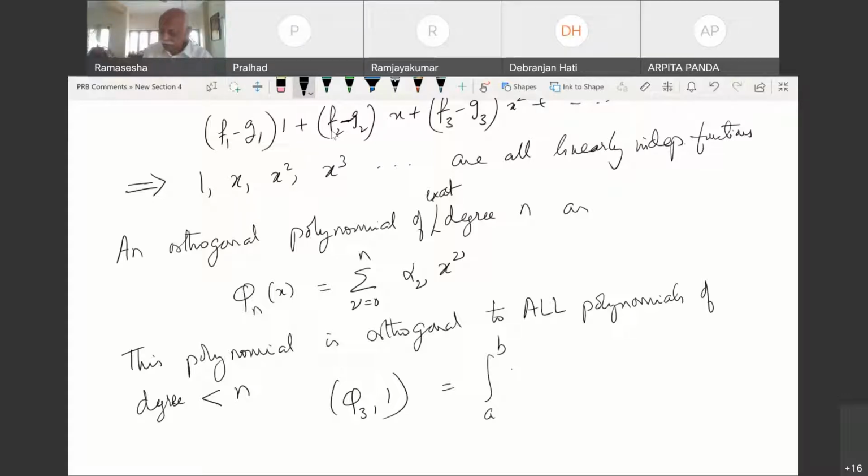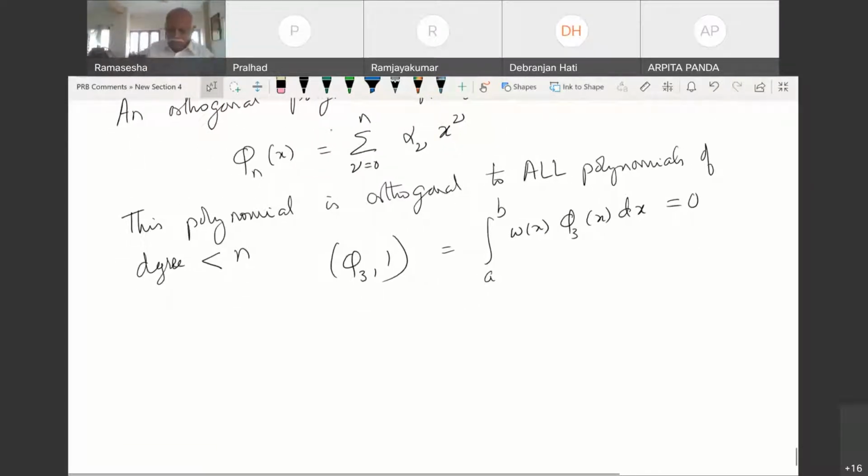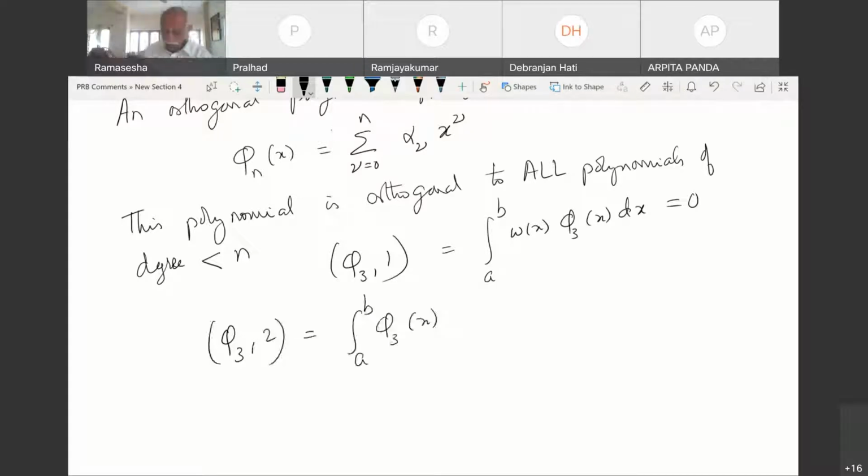This is equal to 0. Similarly, I have p3 with x, the integral from a to b of w p3 of x times a polynomial of degree 2 or degree 1, because degree 0 is what I've called polynomial 1.